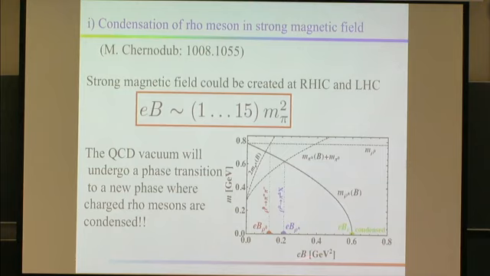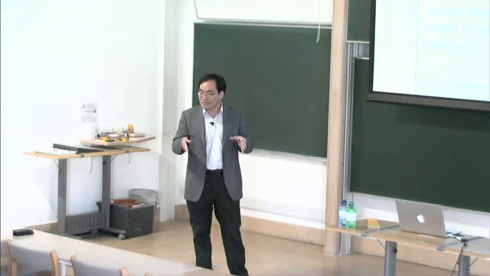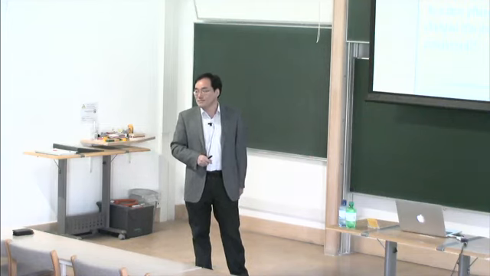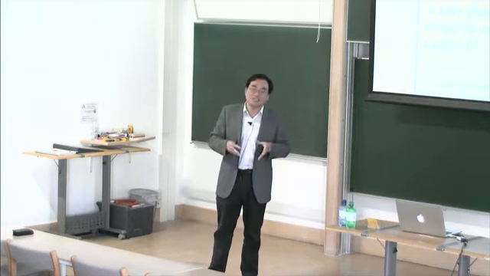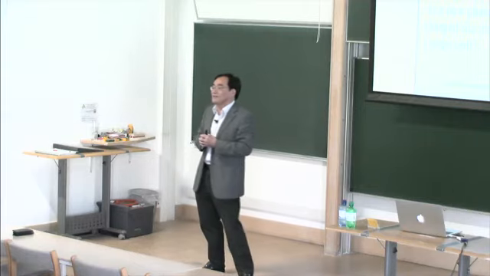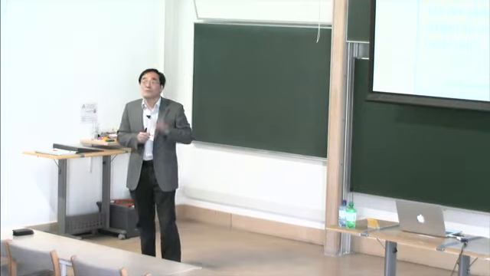When the magnetic field reaches this point, the rho meson tends to be a tachyon. So in this case, condensation happens. So the QCD vacuum in a very strong field is nothing but like a superconductor. This is one motivation.